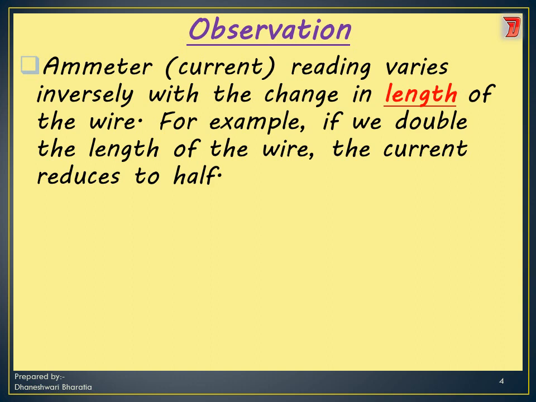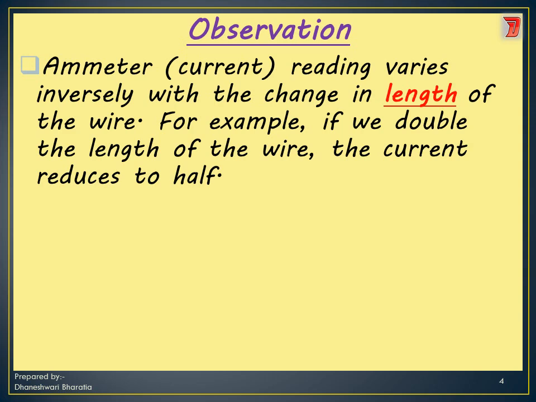So here the length of the wire is doubled, the current reduces to half. Why is the current reducing? So maybe we can correlate this length of the wire, that is the conductor, with the resistance also. For that we will discuss later on.